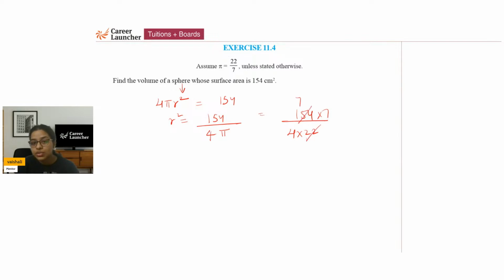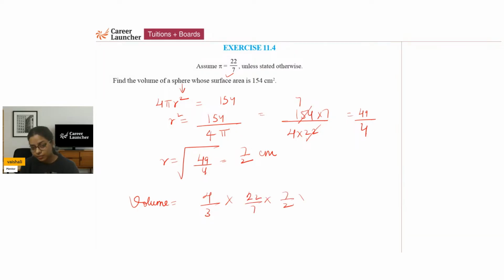So this goes with 7, so this is 49 by 4. If I want to remove the square, I have to put under root, 49 by 4, and 7 by 2 centimeter is the radius. So the reason for giving the surface area is so that I can calculate the radius, and now that the radius is known, I can finally calculate the volume, which is 4 by 3 pi r cube.